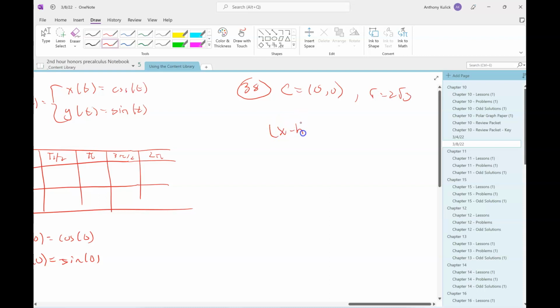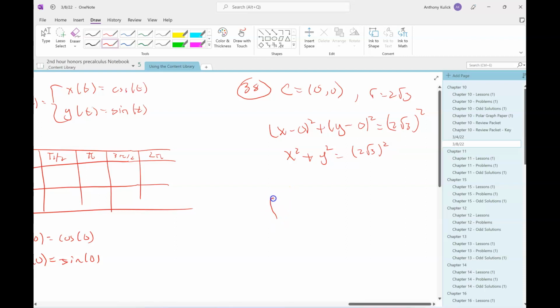So again, we're just starting with my equation for a circle, right? Oops, I guess I'll put those in. Is that so far okay?